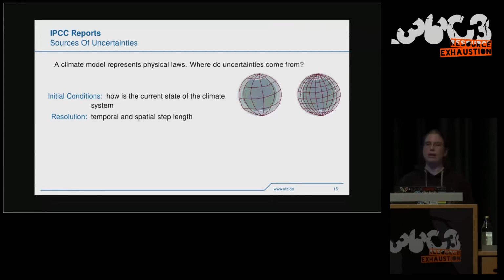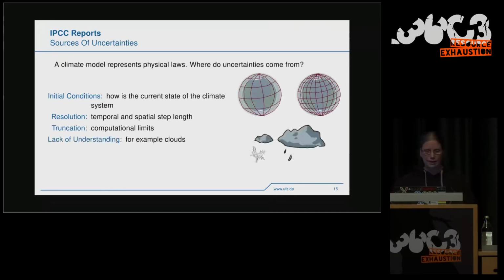For some questions, it's better to have a lower resolution, but mostly it's better to have a higher. Then truncation. So we have computational limits and lack of understanding. For example, clouds. Clouds are not understood pretty well, and when I read the fifth assessment report, I found a sentence I found a little amusing.